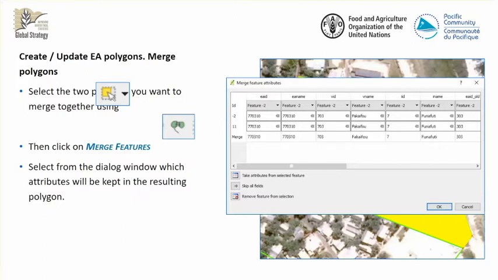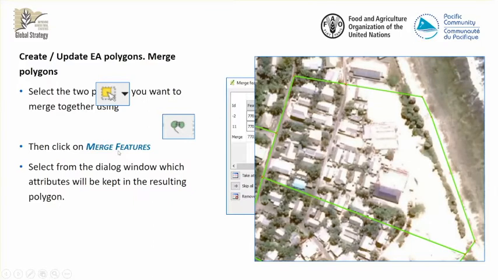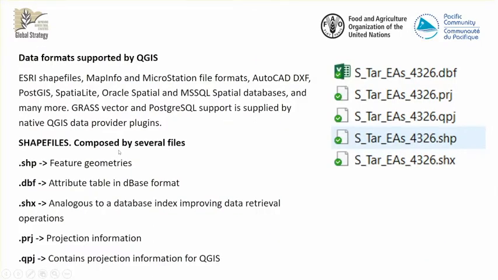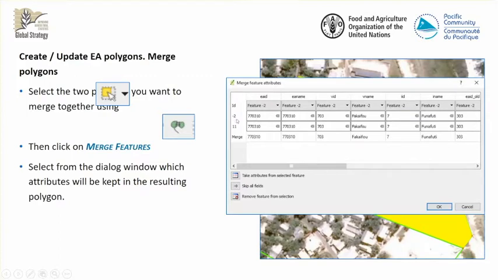So we need to select which information we're gonna keep on this new EA. So we select the attribute we want to keep. We click on take attributes from selected features, and we click OK.